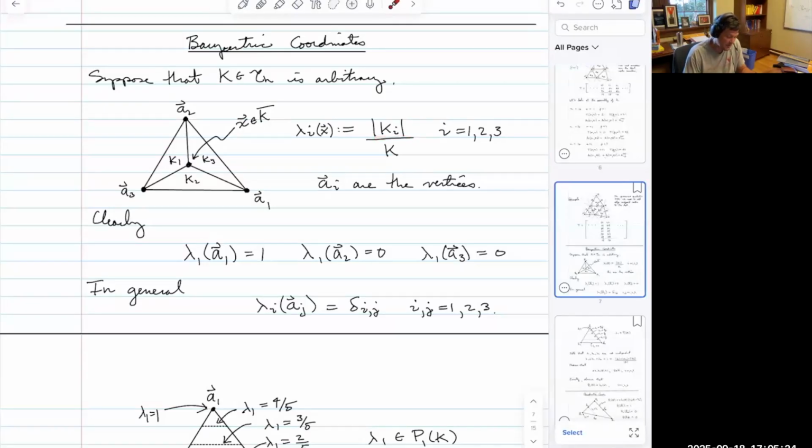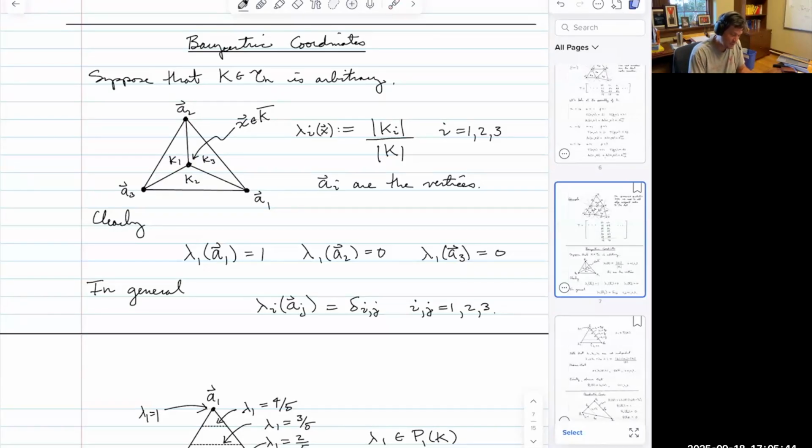So for example, if I'm talking about the barycentric coordinate lambda 1, so i equals 1, that's going to be the area of this triangle created from this point X, divided by the area of the whole triangle.